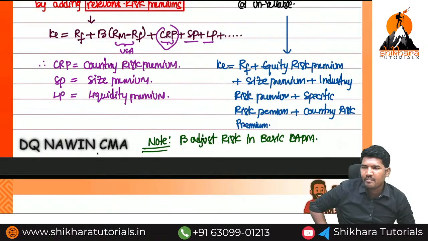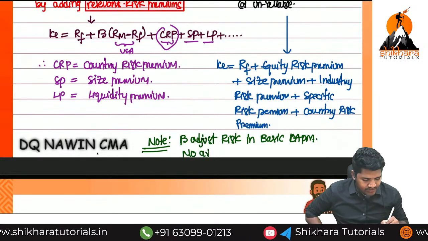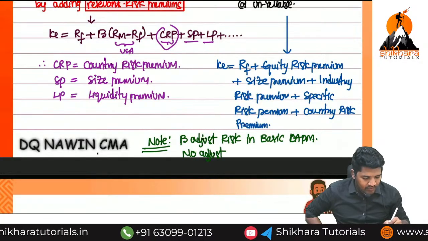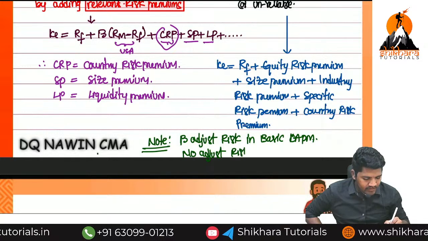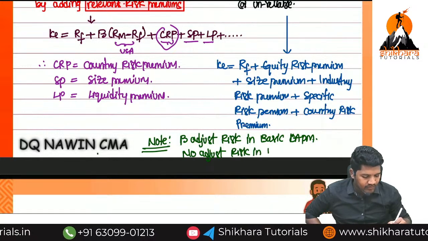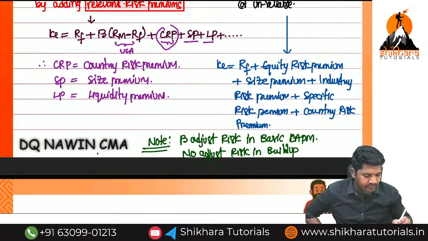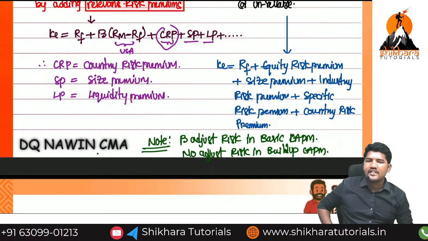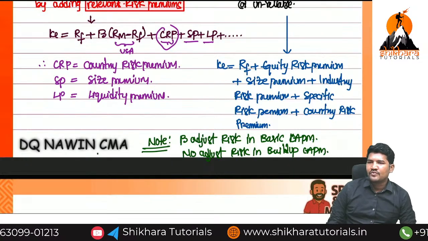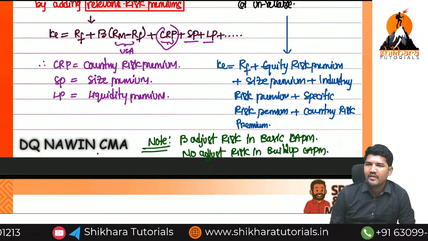With the help of beta. But there is no adjustment of risk in build-up CAPM. Here we are not adjusting any risk, sir. We are directly taking the premium of expectation. Why? Because we don't know the risk.